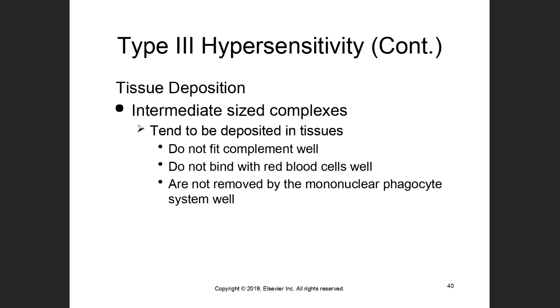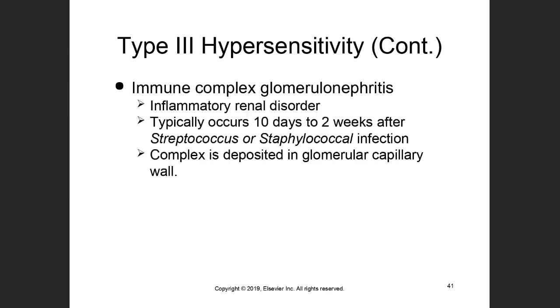Tissue deposition, intermediate-size complexes tend to deposit in tissue. You see right here, that's extremely important, okay? An example of type 3 hypersensitivity, okay? That is post-streptococcal glomerulonephritis. Immune complex glomerulonephritis, another name is post-streptococcal glomerulonephritis, okay?